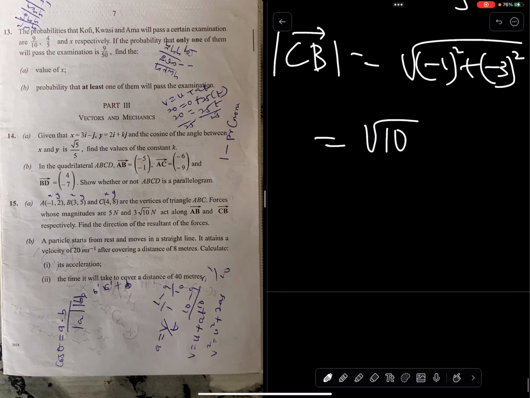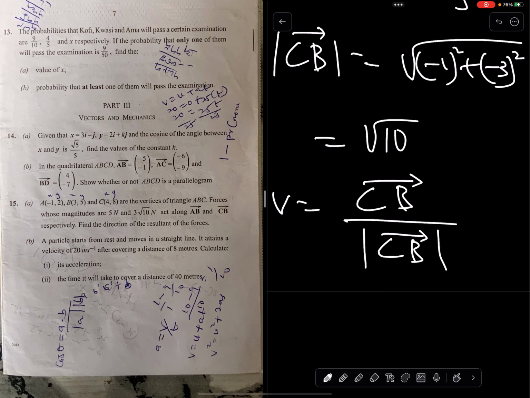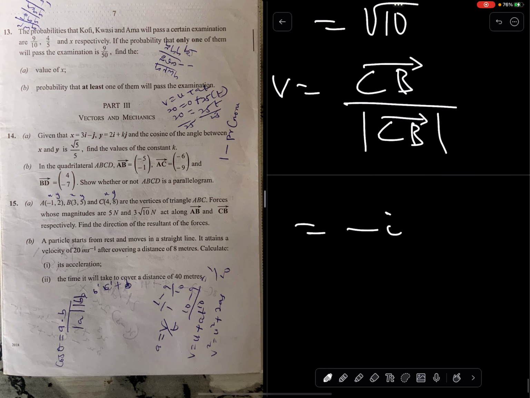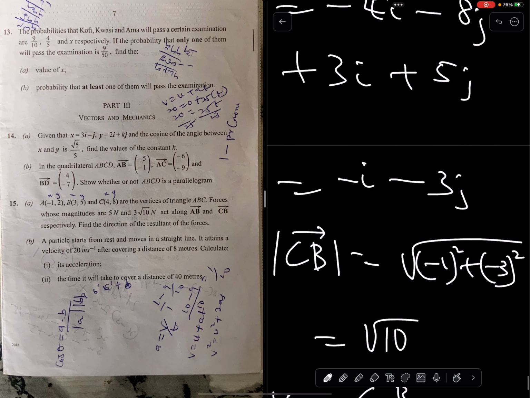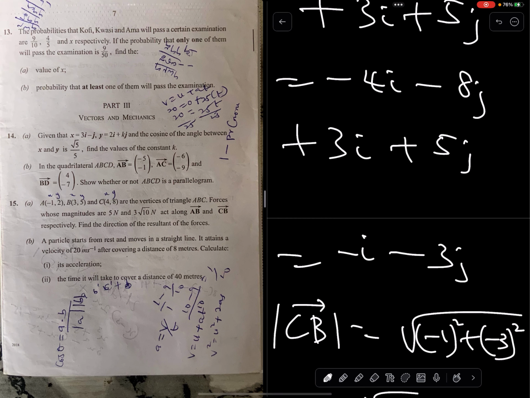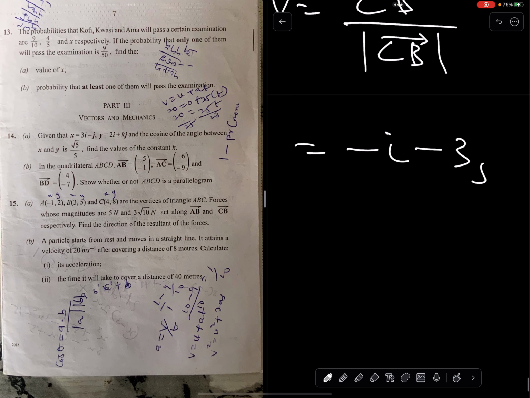So the magnitude of CB is the square root of 10. Now, let V be the unit vector in the direction of CB, given by the vector CB divided by its magnitude, which is minus i minus 3j over root 10.